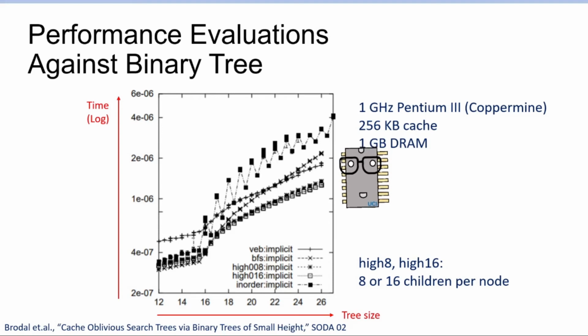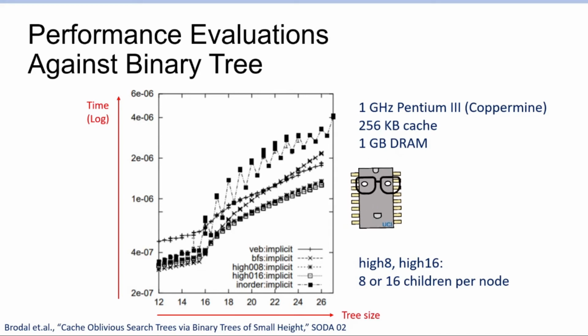So if I just showed you this chart, the answer might be, why bother with this complex cache oblivious algorithms for trees if we know pretty much, I mean, it won't be too big of a stretch to think that our cache line is going to be 64 bytes or maybe slightly larger.